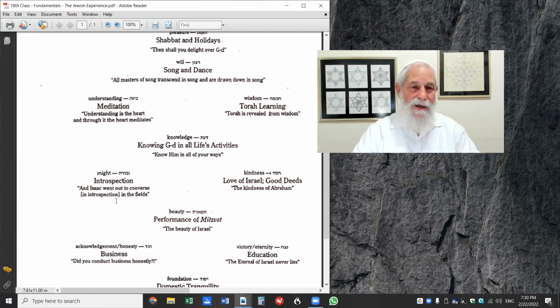It's interesting because for those who participate in our Sunday class, we just learned this pasuk this Sunday, 2 days ago. Yitzchak went out to converse. And here Rav Ginsburgh puts in introspection in the fields.